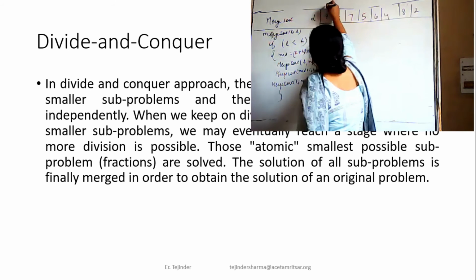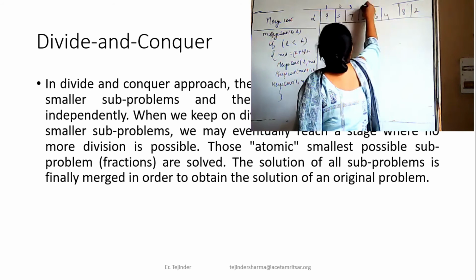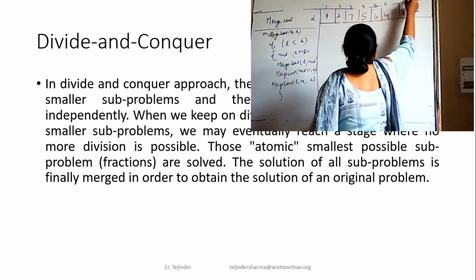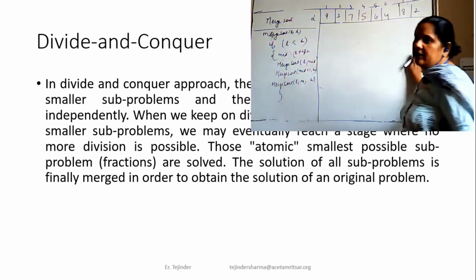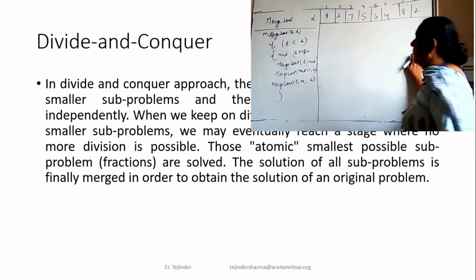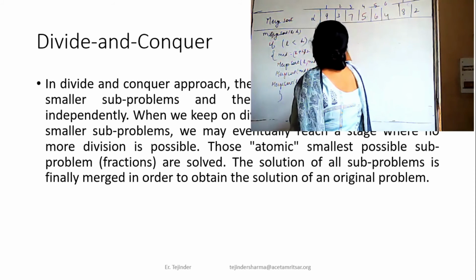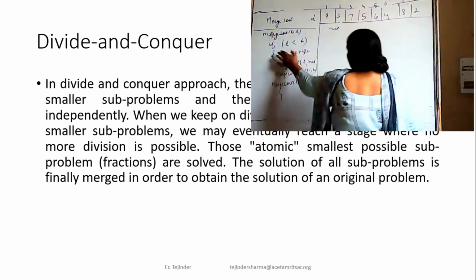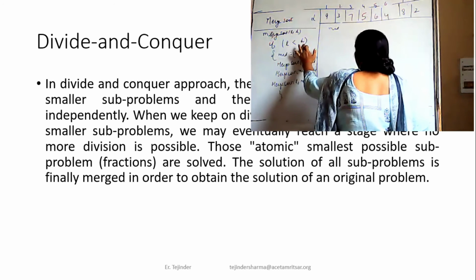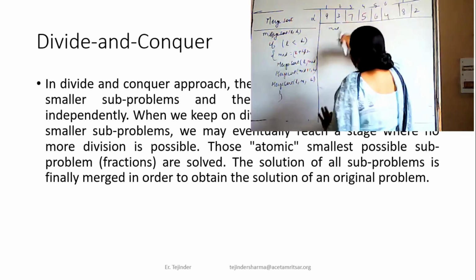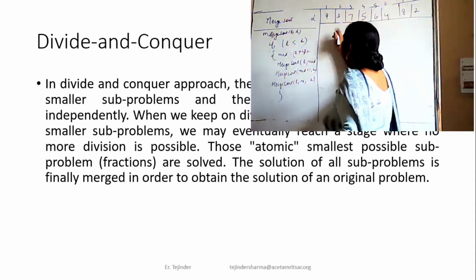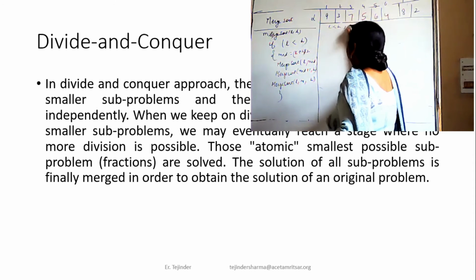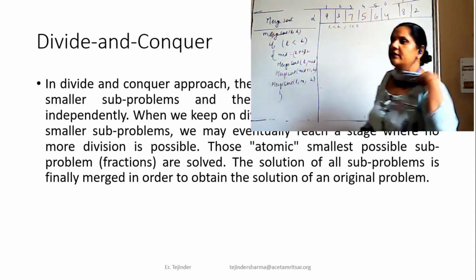These are the elements which are there in the list, at positions 1, 2, 3, 4, 5, 6, 7 and 8. Fine. Now find the midpoint. The first condition is if low is less than high. L is less than H, that is 1 is less than 8, condition is true.